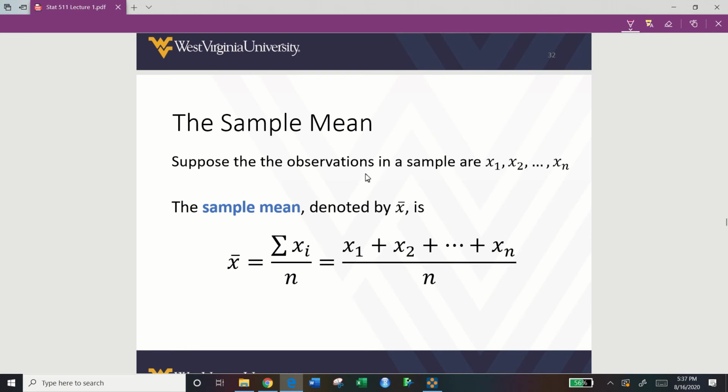So we like to suppose that observations in a sample are generically x1, x2, all the way to xn. Then we denote the sample mean to be a lowercase letter with a bar over it, in this case x bar, and we know that it's equivalent to the summation of xi over n, equal to x1 plus x2 plus all the way to plus xn, all over n.